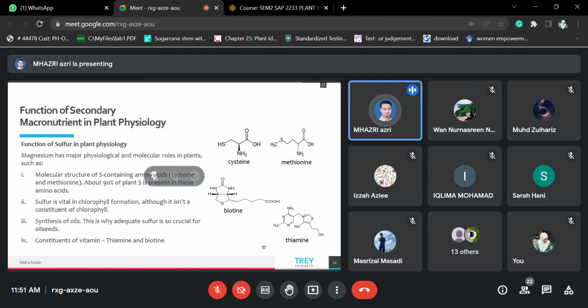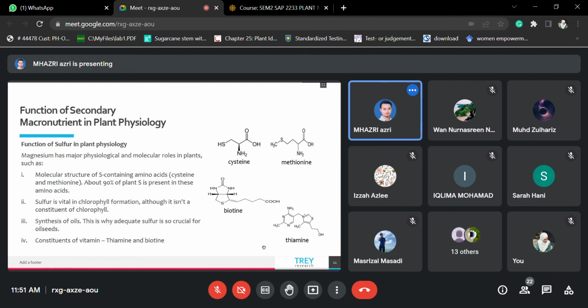So why is sulfur crucial for chlorophyll synthesis even though it is not part of the chlorophyll structure? Why? I think you have learned this in plant physiology.